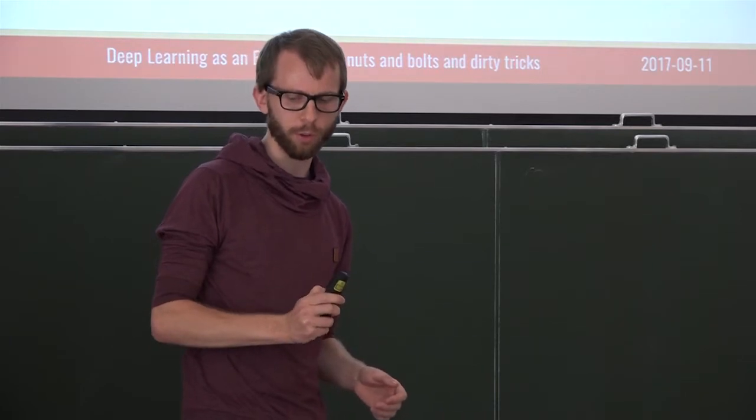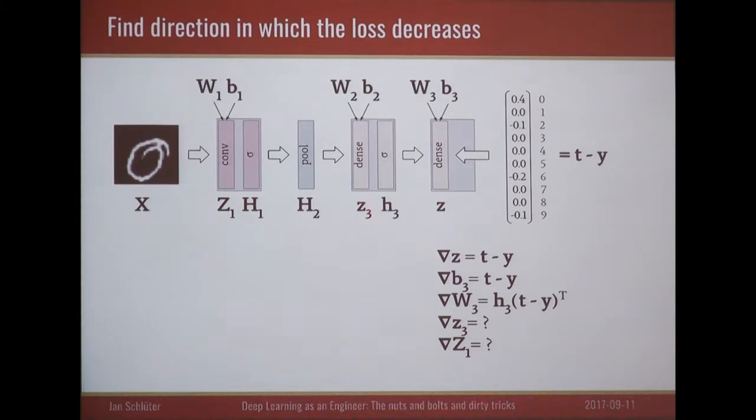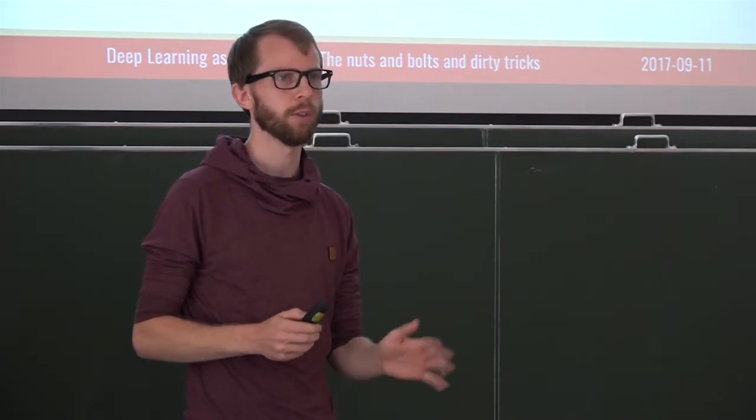So now how do we do this for W2 and W1? Well, for this we first need to know in what direction we need to change Z3 and Z1, the output of the two linear operations. And in order to do this, note that every block here is a mapping from some tensor space to another tensor space.